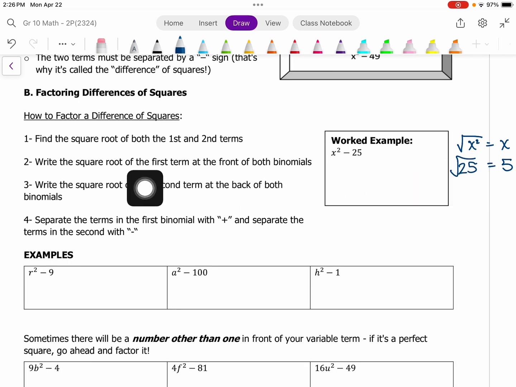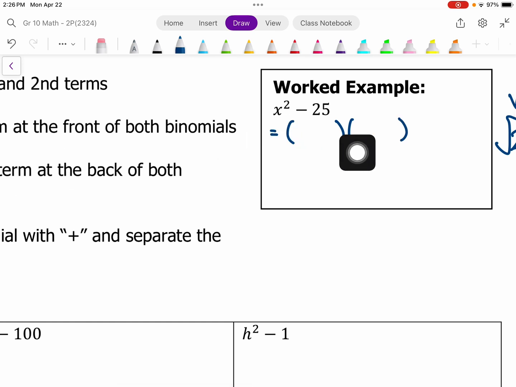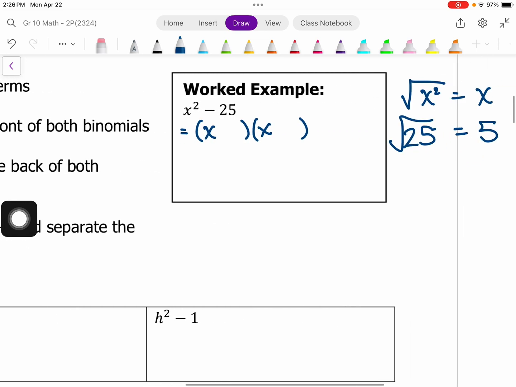Then we write the square root of the first term at the front of both binomials. I have two sets of brackets, two different binomials, and the x goes at the front of each. And then the square root of the second term goes at the back of both binomials. So 5 is the square root of 25.